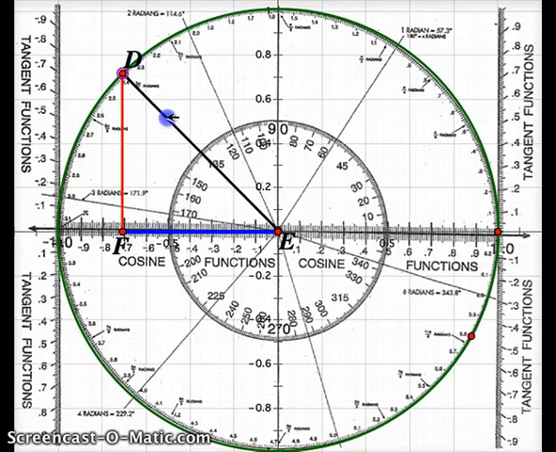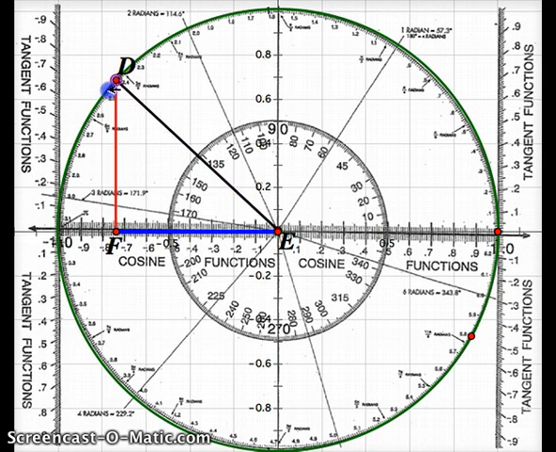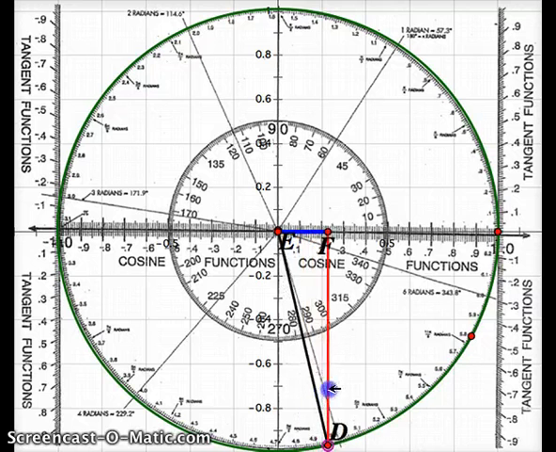We have 135 degrees, which also matches where the red and the blue are the same length. Does that make sense? And now we're down at pi, or 180 degrees. And again, we can go around and around.